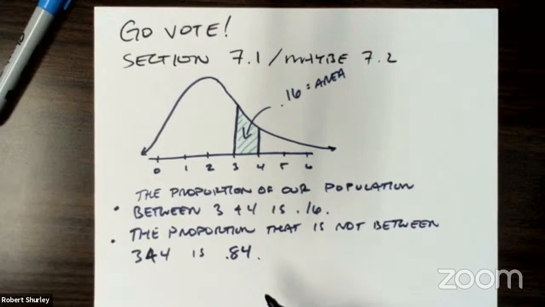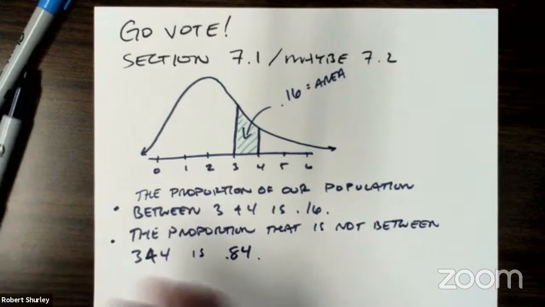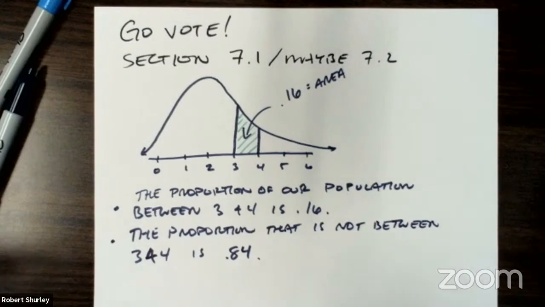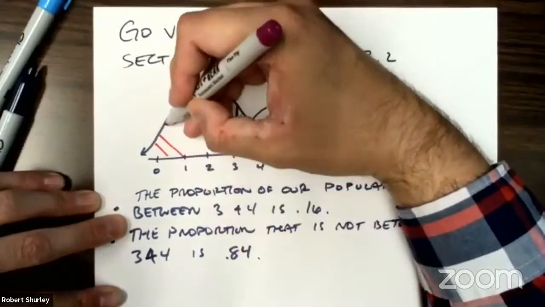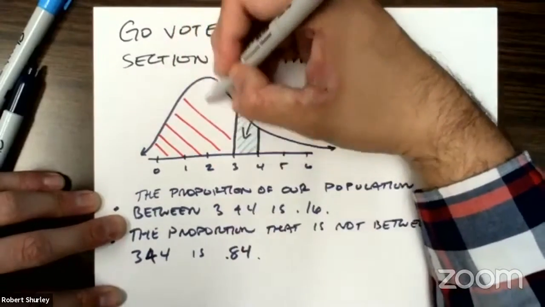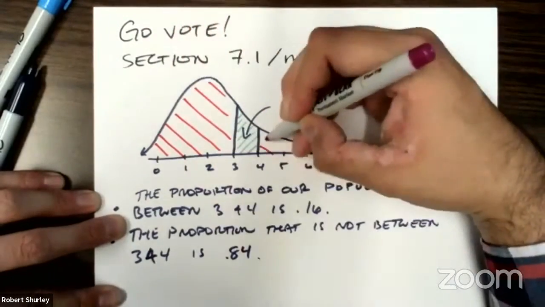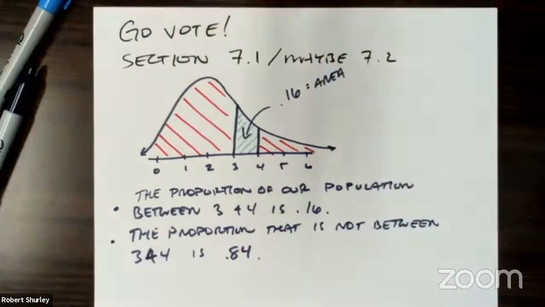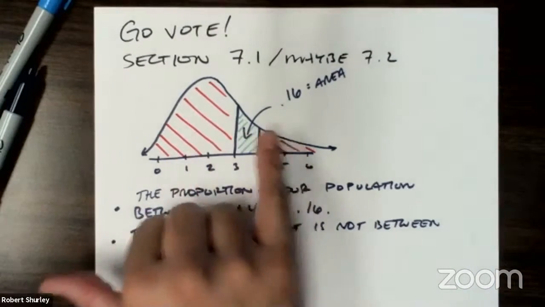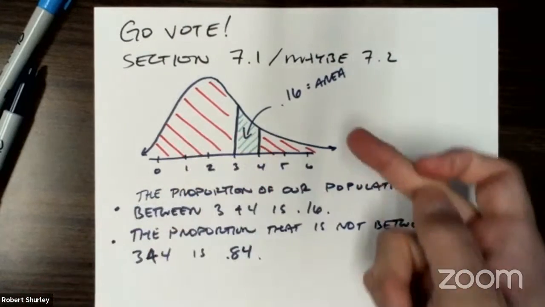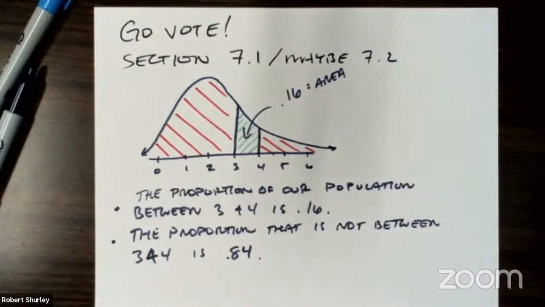So if we use a totally different color, let's use this red color, if you're in the red here, this means you're not between 3 and 4. That red population would be 0.84, 84%. So 84% would lie in the red, where 0.16 would lie in the blue.